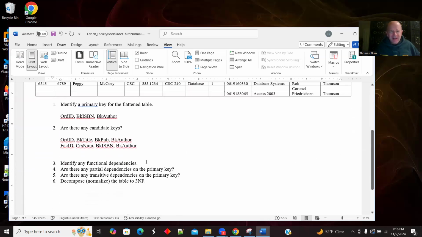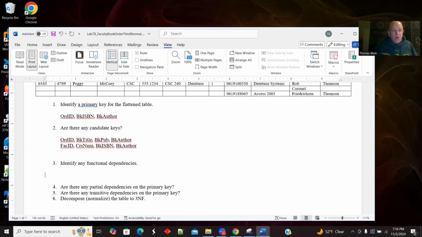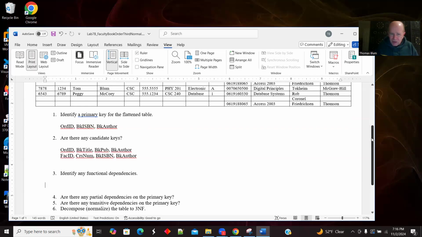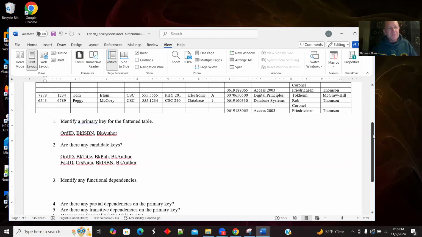What functional dependencies do we see? Well, we know that the primary key, that trio up there that we're going to use, is a determinant of everything else in the row, but we're looking for certain smaller things other than all three. So partials or transitives or other things that are along the way.